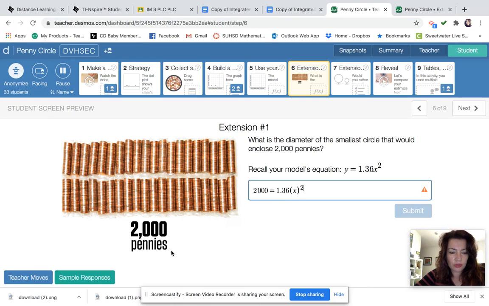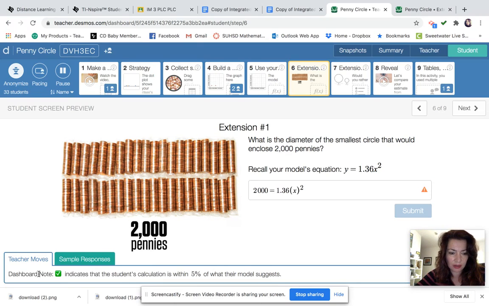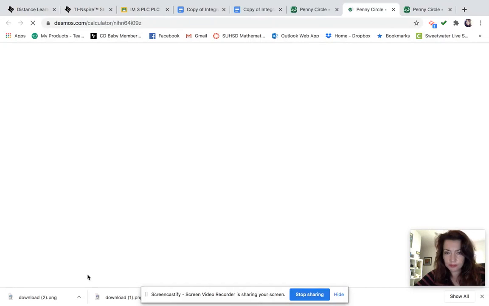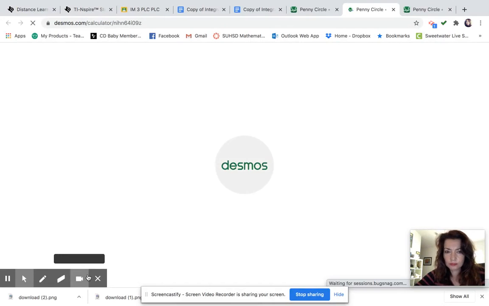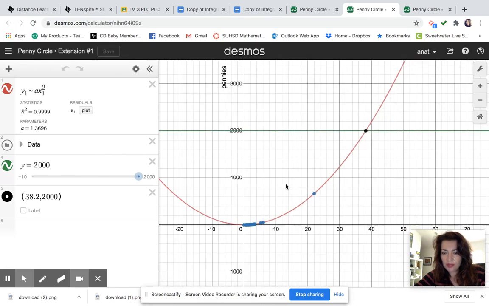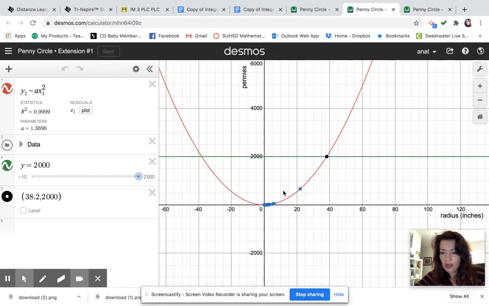I'm going to see if there's a Desmos graph where I could show if I actually drew the equation y equals 2,000, that would be a flat line. Let's see if I could show that here using the calculator. All right, so here is the equation, and here's the line y equals 2,000. Let me see if I could zoom out. Do you guys see how here's the equation of the parabola, here are the dots.